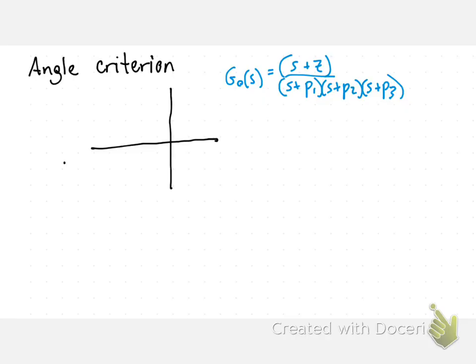If we draw these poles, we'll say there are two complex conjugate poles, one at 0, and another pole way out here. And our desired closed loop pole is going to be located here, and this is just for the purpose of illustration, so we're just going to draw a point.